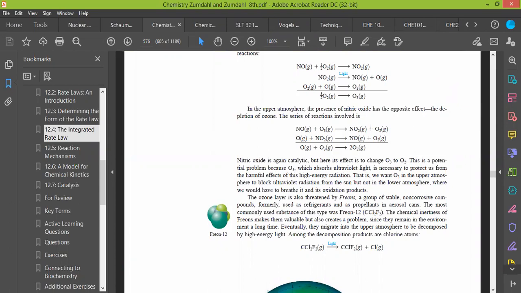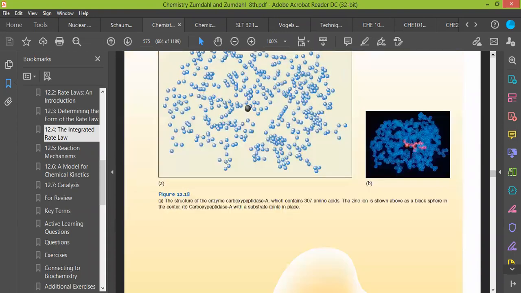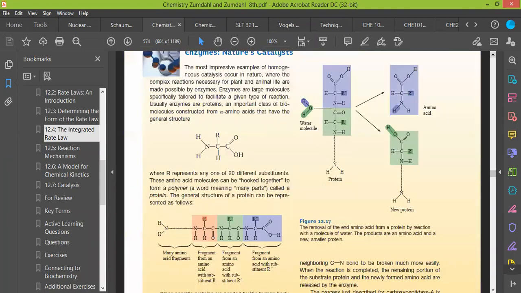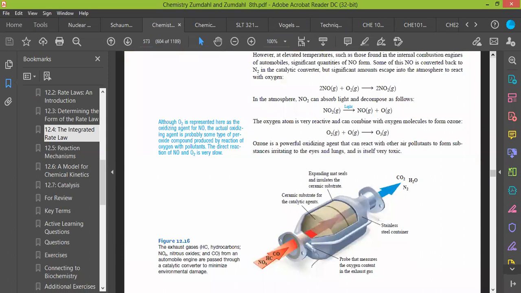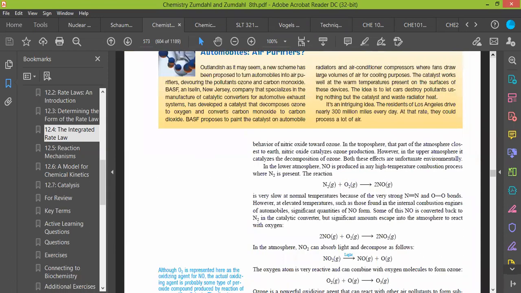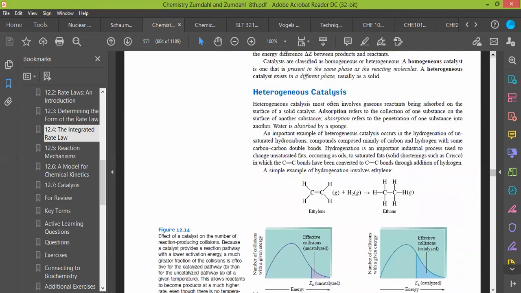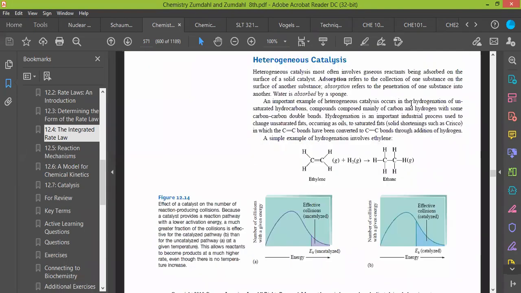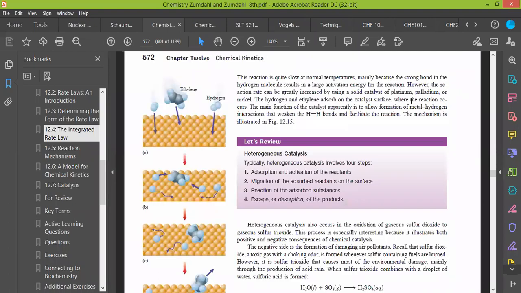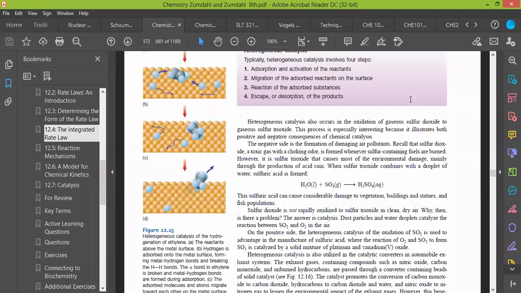So let me just go to something here. How do catalysts reduce the required activation energy? So what catalysts do is that catalysts will make alternative routes that have lower energies than the required activation energy for a reaction to happen.